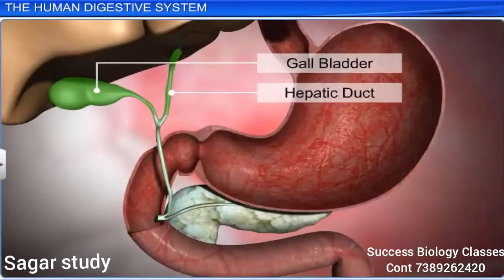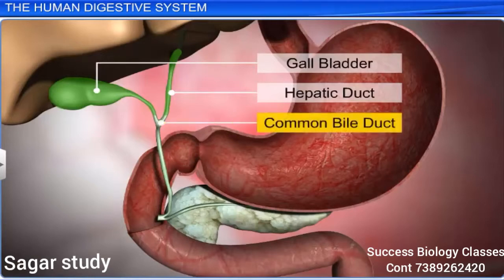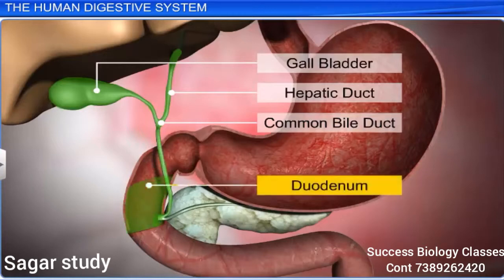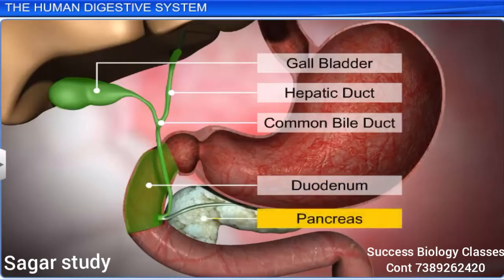A duct emerging from the gallbladder, along with the hepatic duct from the liver, forms the common bile duct, whose main function is to conduct the bile stored in the gallbladder into the duodenum. Apart from the liver, the digestive glands also include the pancreas.